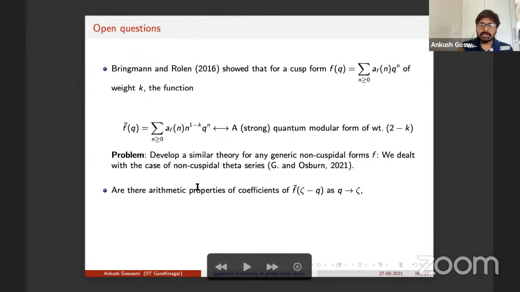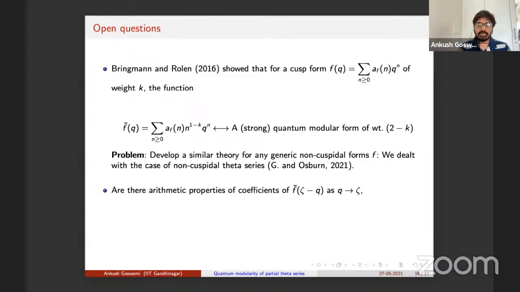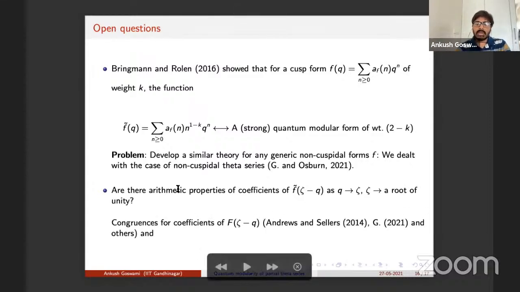And the second question is, are there any arithmetic properties of the coefficients of f tilde of zeta minus q as q approaches zeta, where zeta is a root of unity? When f tilde is equal to capital F, if you consider the coefficients in the q expansion of capital F of zeta minus q, then there are some nice congruence properties for this function.